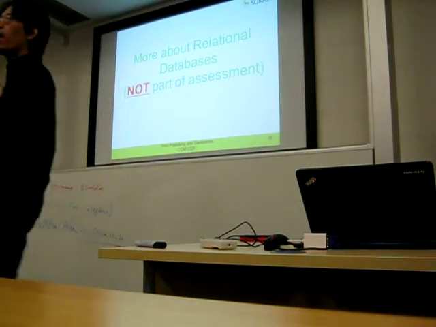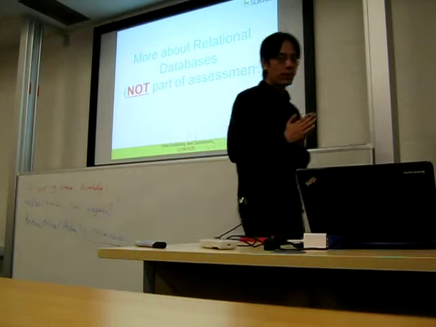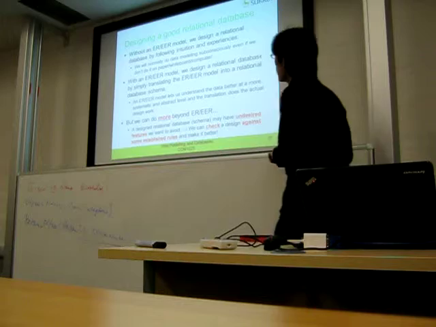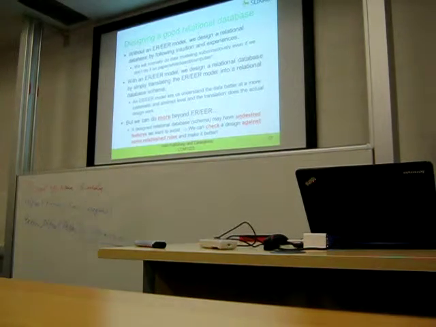Now we're going to finish everything which is part of the assessment, and then we'll have a quick look at some advanced stuff about the relational database. So remember why we are doing the ER modeling from the very beginning: because we want to have a good design of the database, a relational database in our case.